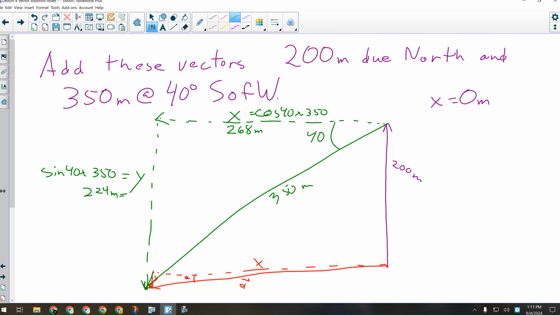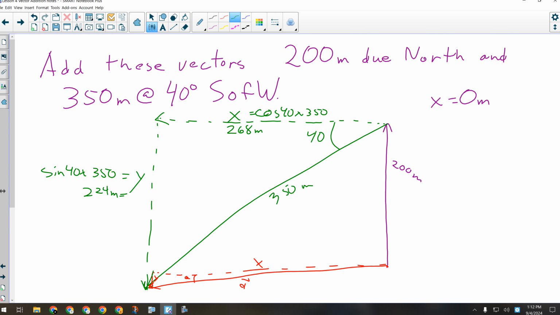It was just a vertical line. Can I find red x right now? Or did I already find it? I already found it, because the only time I go west in this whole question is right here. That's all the east-west in this whole question because purple x is 0.